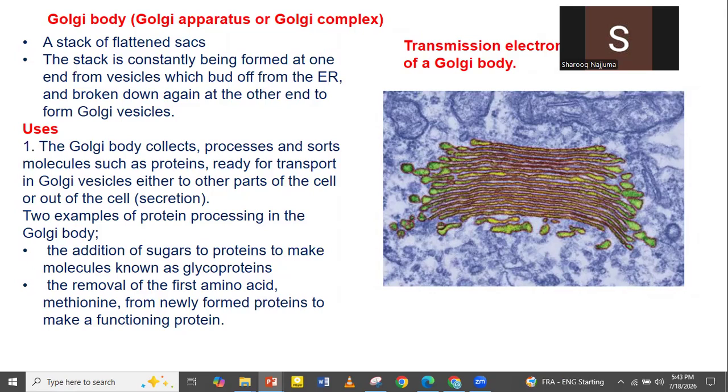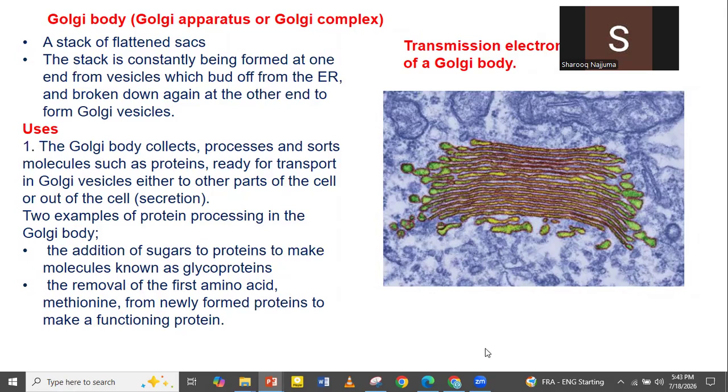So the addition of those carbohydrates to the proteins to form glycoproteins will happen in the Golgi body. Usually every polypeptide has the first amino acid being methionine. So within this Golgi body, that first amino acid is always removed so that the protein can carry out its function. And that is done in the Golgi body.